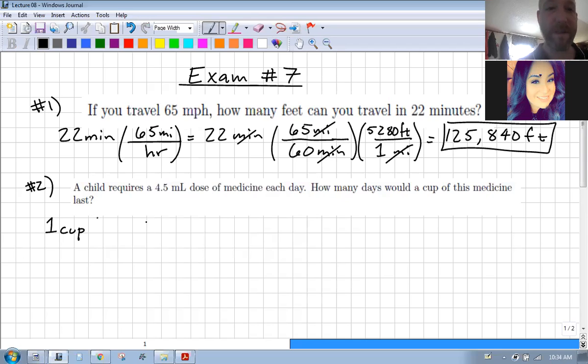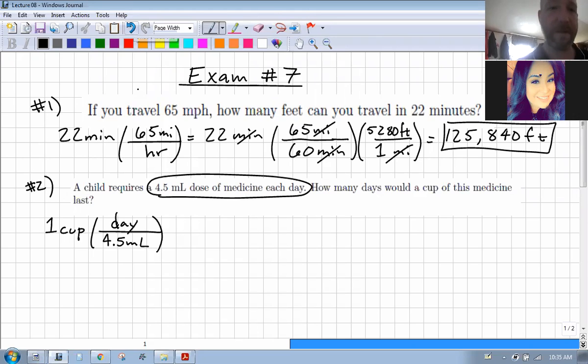Now we're going to convert this to days using the fact that 4.5 milliliters is the same as a day. That's what they say right there. See, this is a volume, that's a volume. All we have to do is convert the milliliters to cups and we'll be left with days.